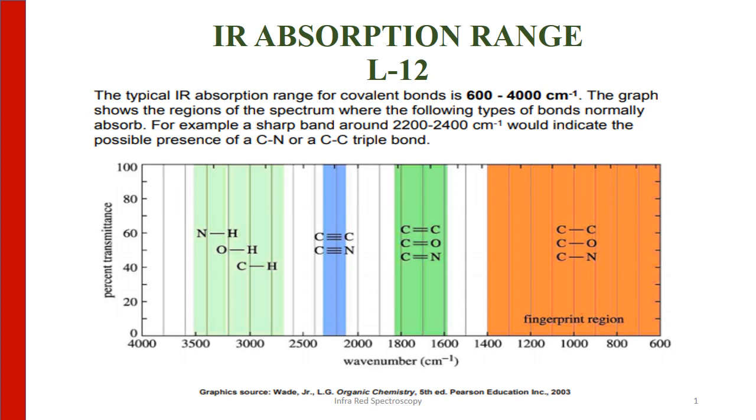Then, on the basis of the functional groups present in it, the spectrum is obtained over the detector. In this picture, I have shown you some functional groups which will appear at different wave numbers, and on the y-axis we represent the percentage of transmittance. So this kind of spectrum we will get.